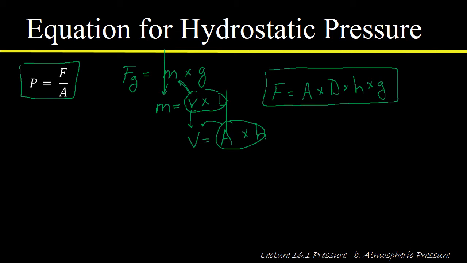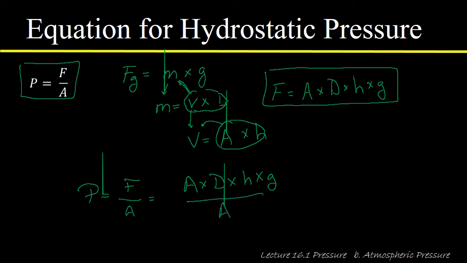And because pressure is force divided by area, the pressure is then going to be the area times the density times the height times g, divided by the area. And then the areas just cancel out, and so we're left with pressure is the density times the height times acceleration due to gravity.